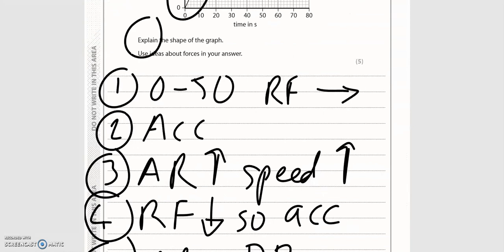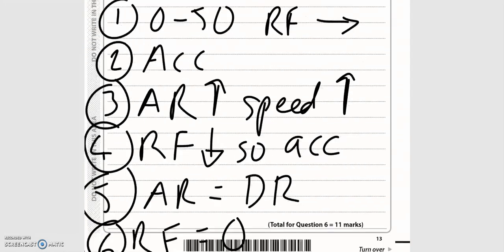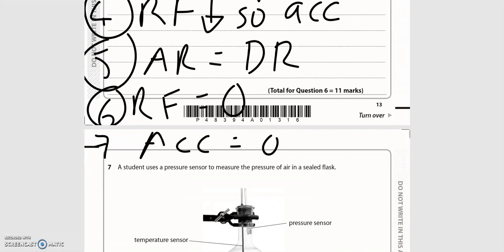And a 7th mark can then be that if your resultant force is 0, your acceleration is 0. And you only really need 5 of those 7 marks, so it should be reasonably easy to get 5 out of those 7.